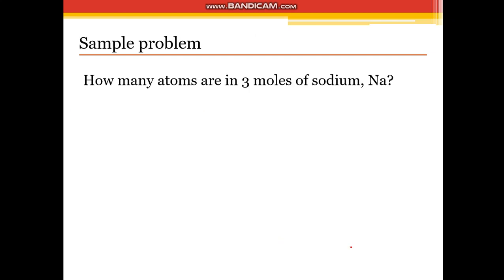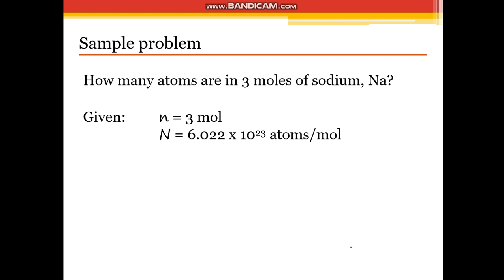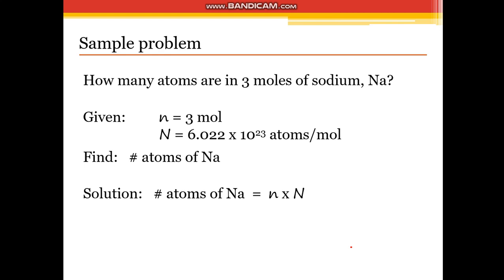We have here an example problem to help us solve using the formulas given. How many atoms are in 3 moles of sodium, or Na? Let us first identify the given. You have the number of moles, which is 3 moles, and Avogadro's number. We can use the formula of the number of moles multiplied by Avogadro's number to find the number of atoms of sodium.